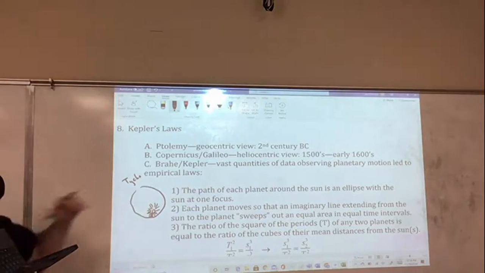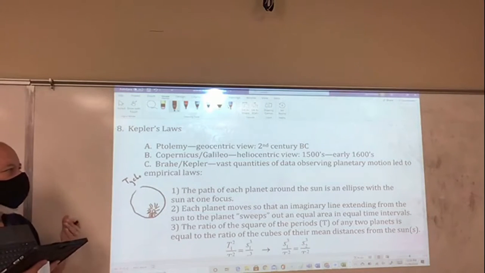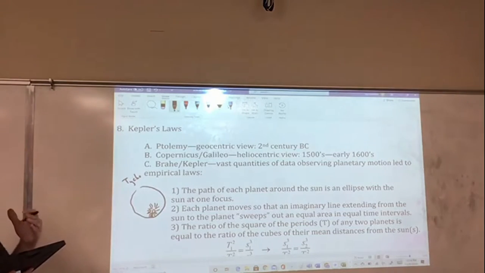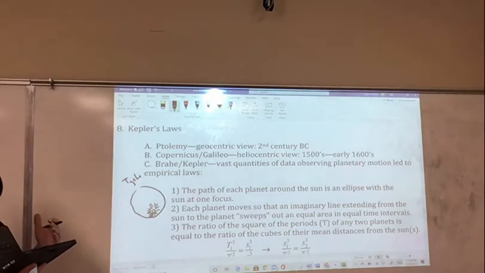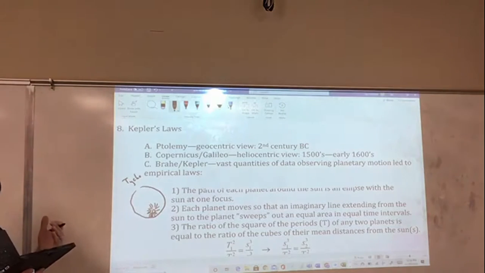But Kepler, both of these guys were just phenomenal data takers. They believed you have to do everything to the exact gazillionth of a decimal point, and they kept very, very specific data on planetary motion.